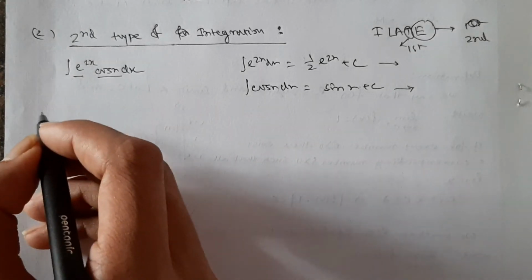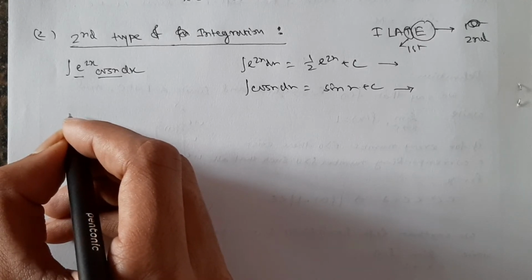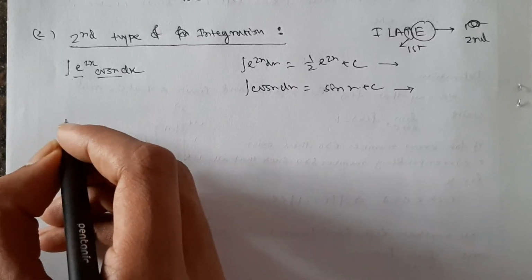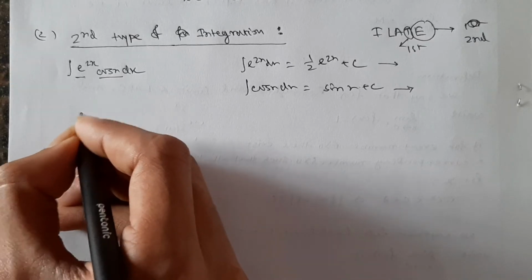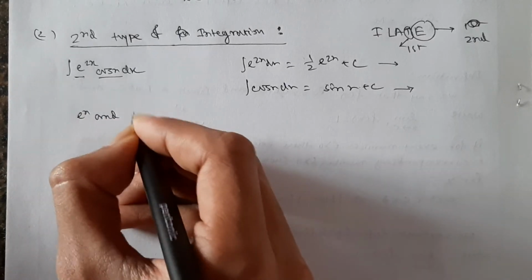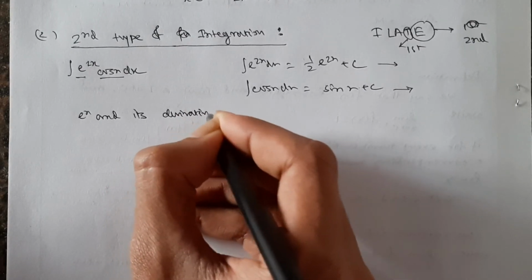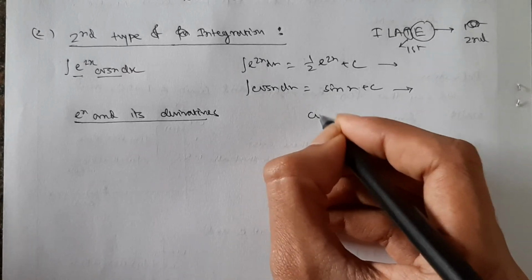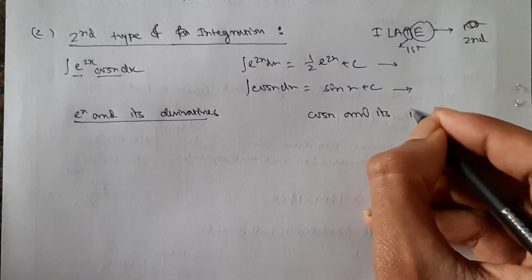I say first that there is no hard and fast rule to maintain the ILATE rule, and there are so many problems that can be done without considering the ILATE rule, and it is so easy to do this. Okay, so e to the power 2x and its derivatives, and we choose cos x and its integrations.